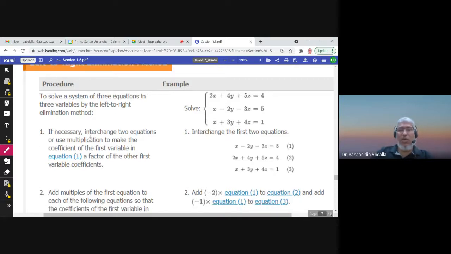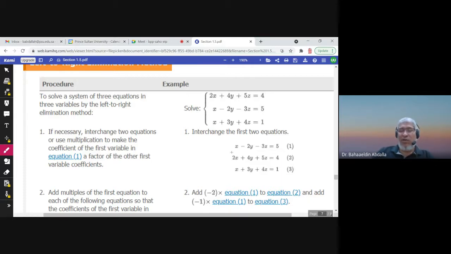First, we interchange, if necessary, two equations of the system. For example, here this is equation 1, this is equation 2. I will interchange equation 1 with 2 to have the coefficient of x in the first equation be 1. And that's my goal always.